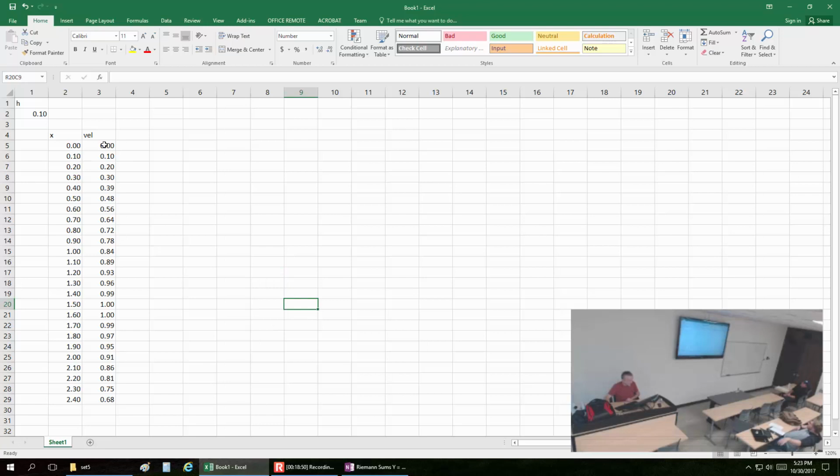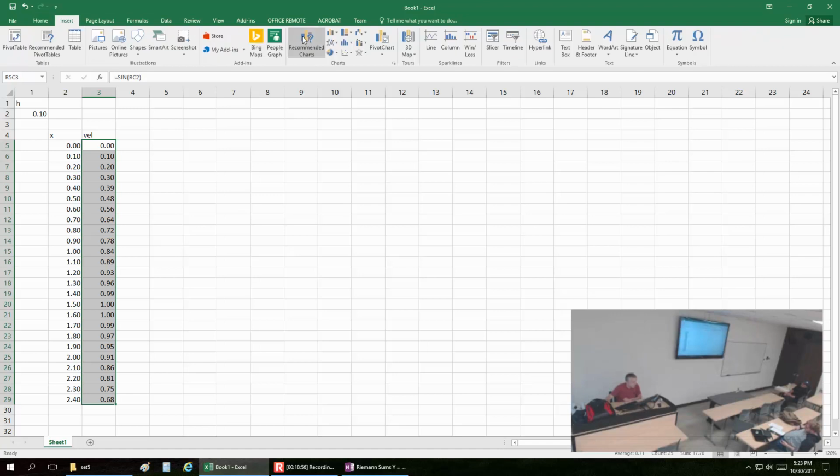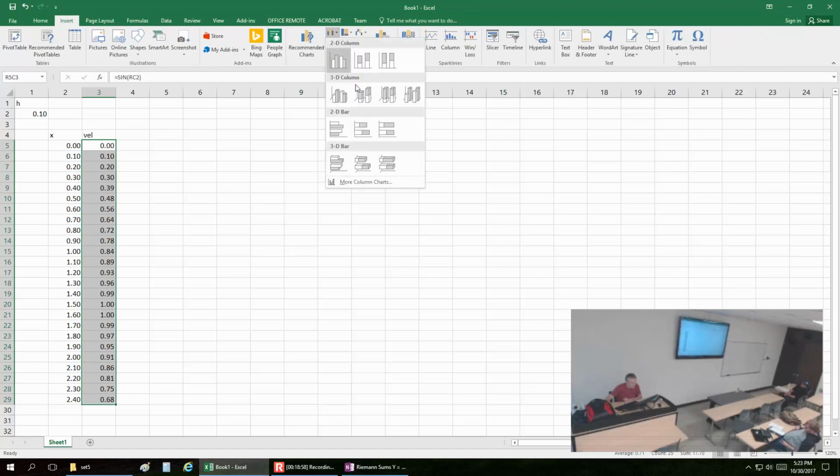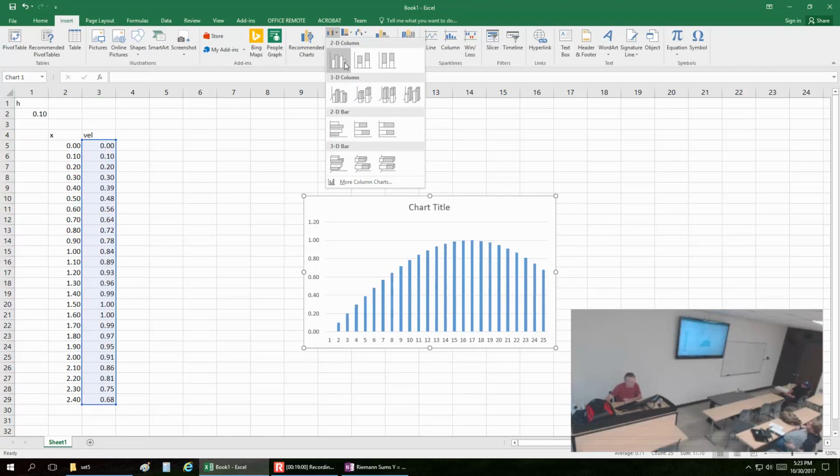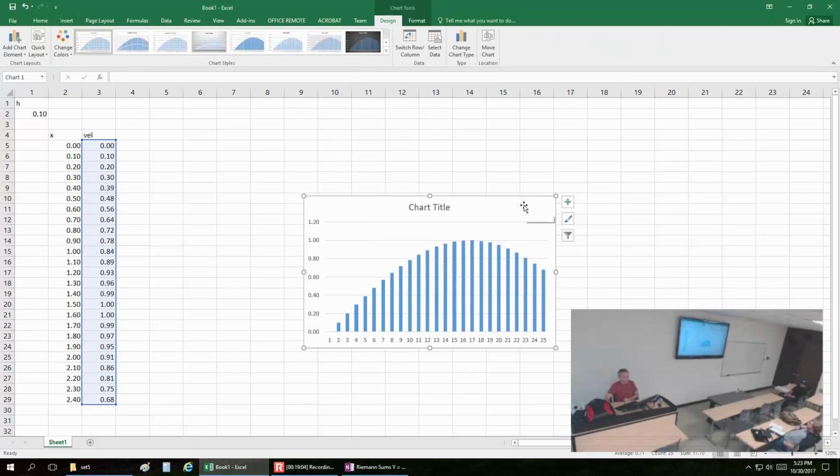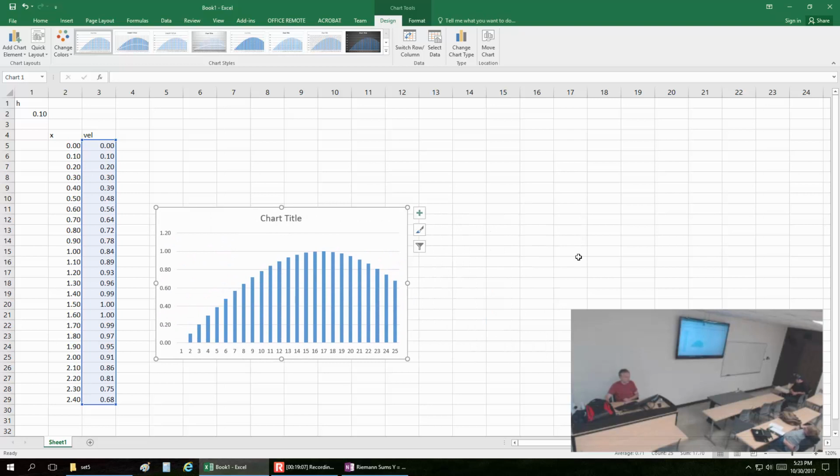Now I can plot my velocity right here. So this is my velocity as it's changing with time over 29 intervals.